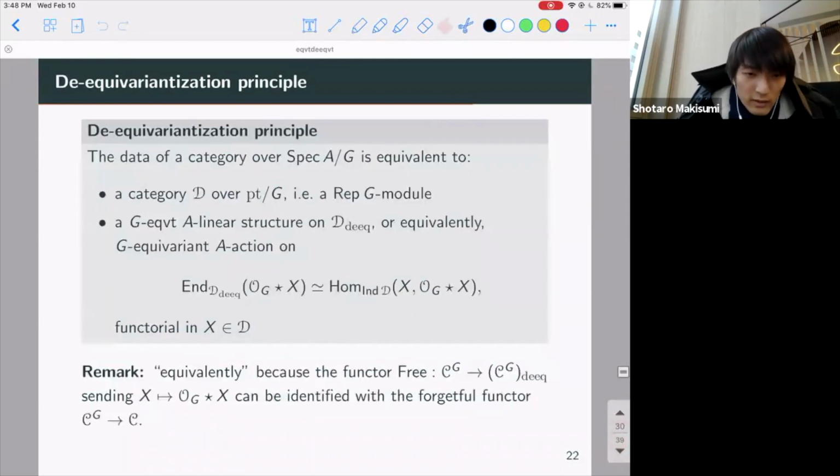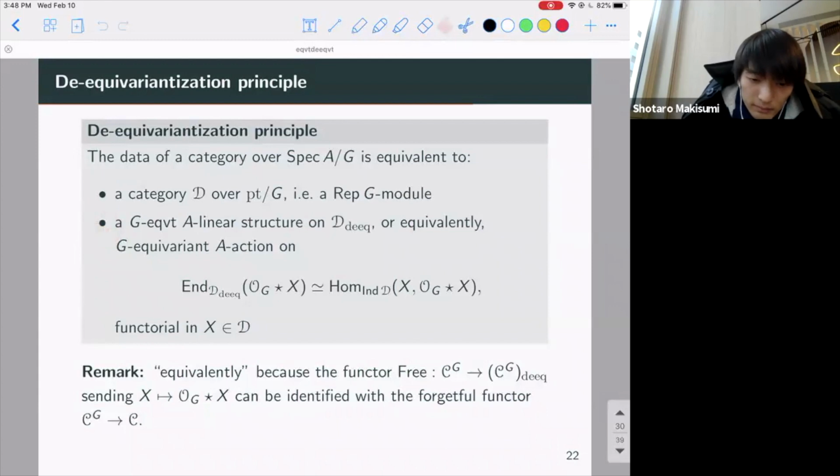So here it is in writing. The de-equivariantization principle states that the data of a category over spec A mod G is equivalent to, first of all, a category just over point mod G, so it's just a Rep G module. And then you want a G-equivariant A-linear structure on the de-equivariantization.